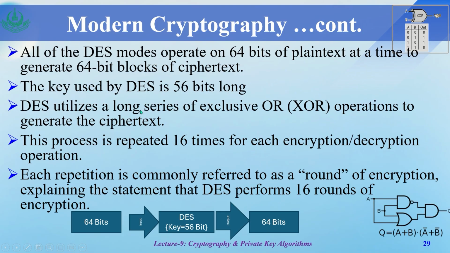DES utilizes a long series of exclusive OR, we call it XOR, operations to generate the cipher text. This process is repeated 16 times for each encryption or decryption operation. Each repetition is commonly referred to as a round of encryption, explaining the statement that DES performs 16 rounds of encryption in series.